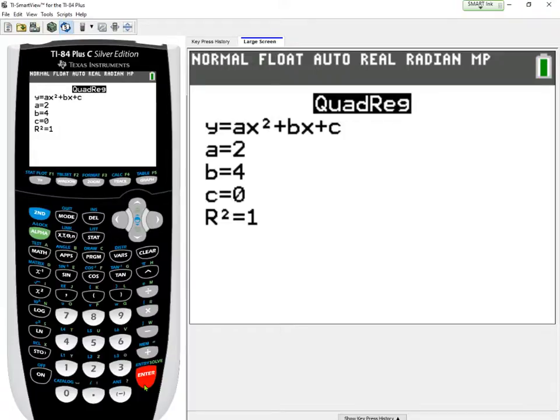Wait, hold on. Mine says I didn't get the R2. Error. Don't worry about it. Wait, calculate and then where? Mine says error. Oh, I got it, because it's the second quiz. Stat, quadratic number 5?